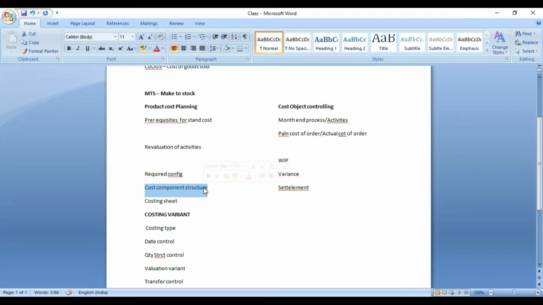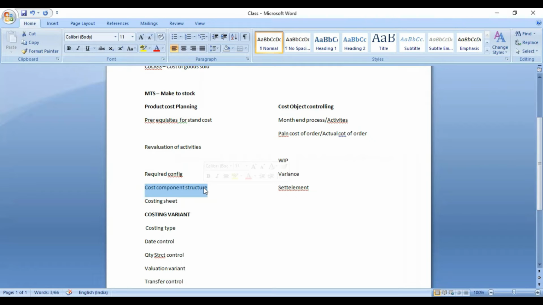It's a structuring. All raw materials come under the raw material header. All semi-finished SFGs come under the SFG header, and then finished goods. We are giving these instructions to the system in this cost component structure.